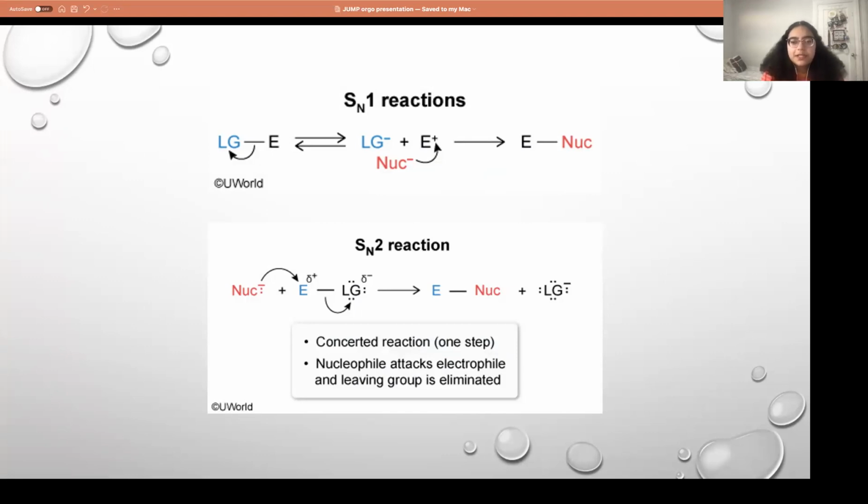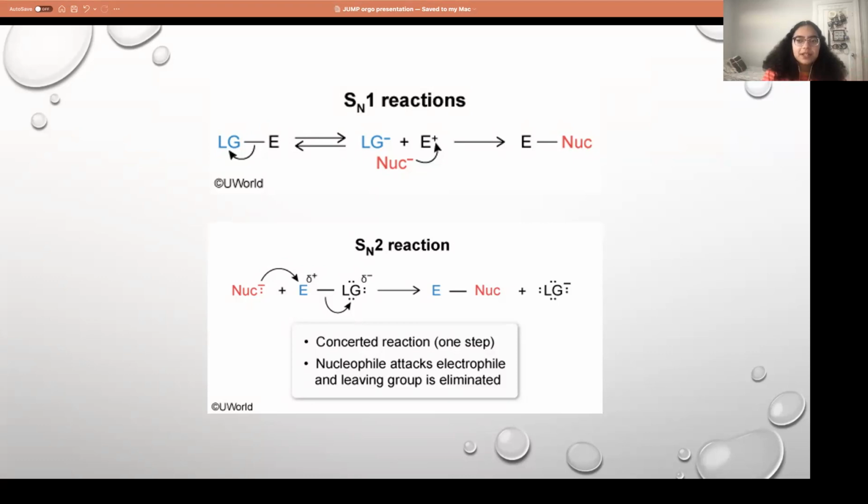What's important to know is that SN2 is concerted, so it happens together in one step, whereas SN1 is two different steps. Your leaving group and your bond go to the leaving group, and then the nucleophile attaches.